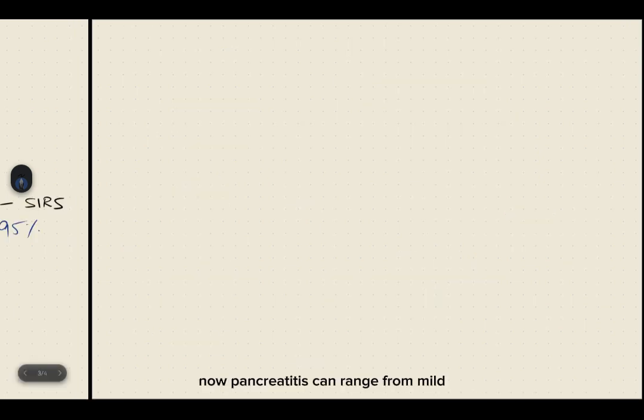Now, pancreatitis can range from mild self-limiting to life threatening, and a severity score generally helps us to identify the disease course. We have a lot of scores: Ranson criteria, APACHE II, BISAP, but the one that we're going to talk about in detail is Ranson because it is one of the most popularly tested and used scores.